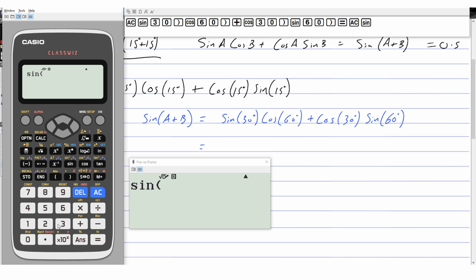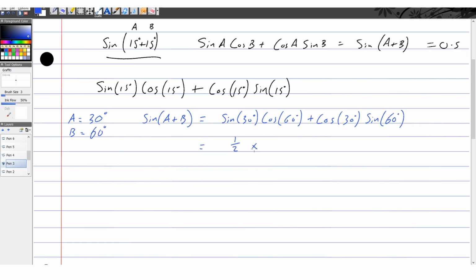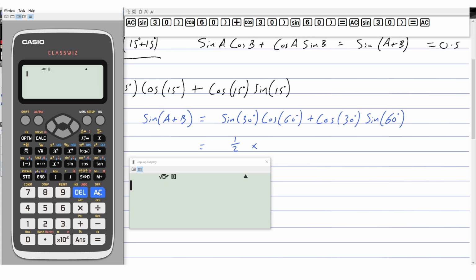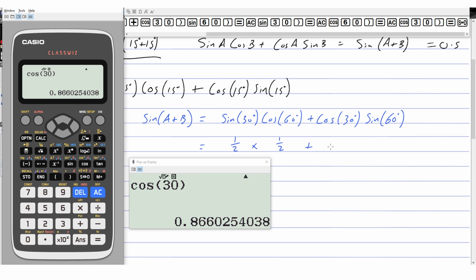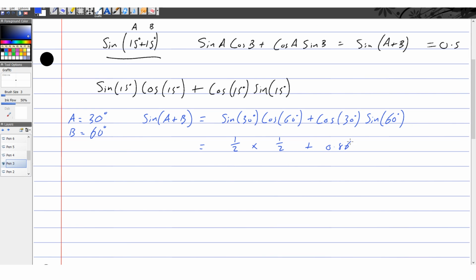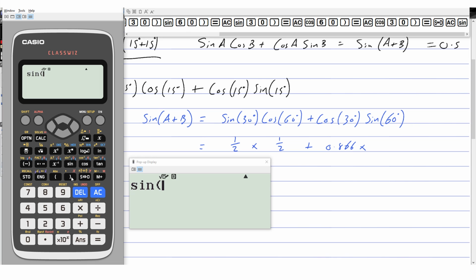So we could have said the sine of 30 equals a half. So there I'd have a half times the cosine of 60, which is a half as well, plus the cosine of 30, which is 0.866, times the sine of 60, which is also 0.866.